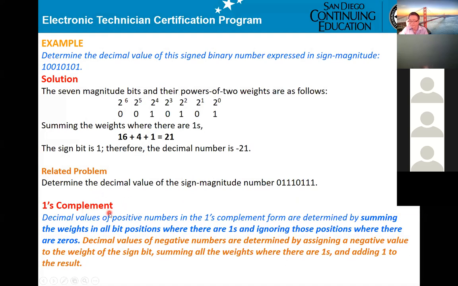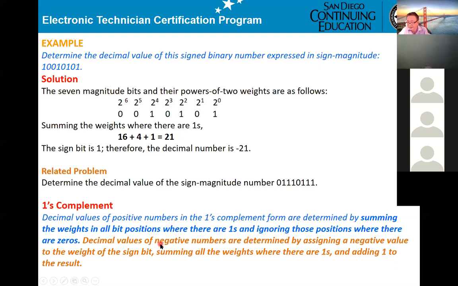First complement. Decimal value of a positive number in the first complement form is determined by summing the weights in all bit positions where there are 1 and ignoring those positions where there are 0.